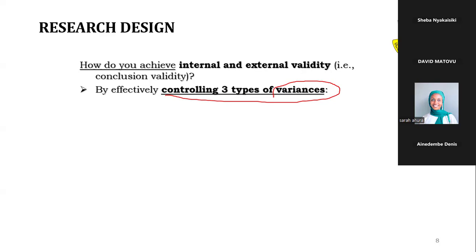Let's talk about variance. Specifically, when we've been talking about research, we've been talking about variables which have different values.